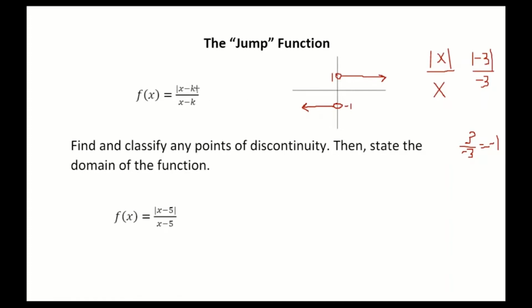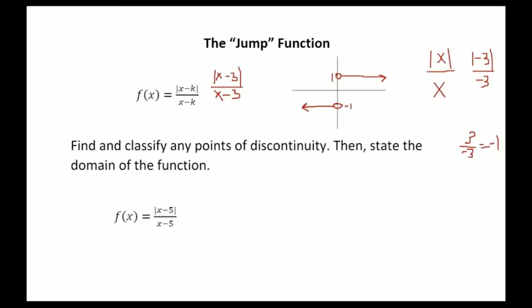So if I have x minus k here, that means I'm going to shift to the right k units. So whatever k is, that's going to be where this jump takes place. Like if I have something like x minus 3 over x minus 3, this is always going to equal positive 1 if the x value is more than 3.